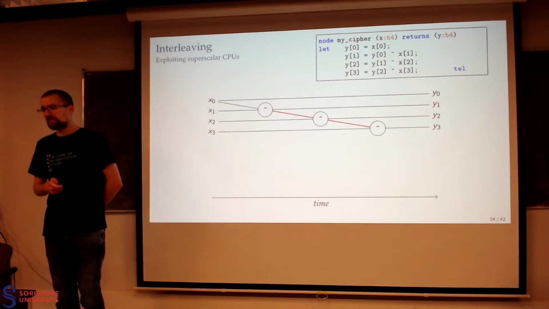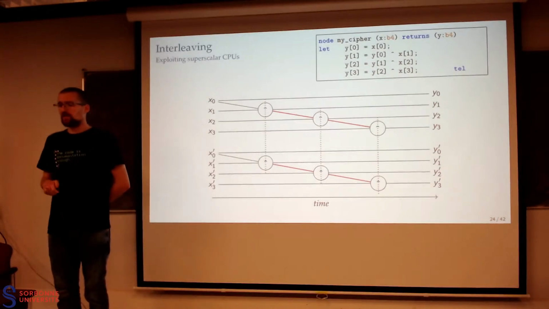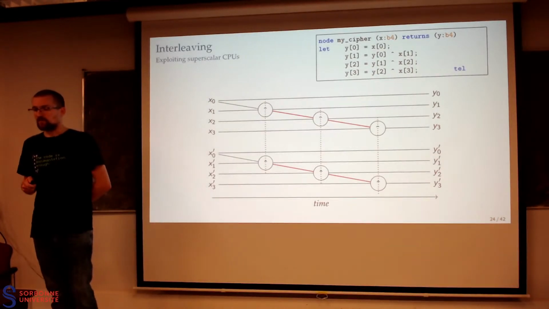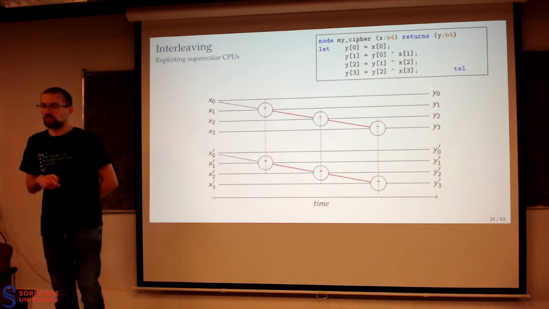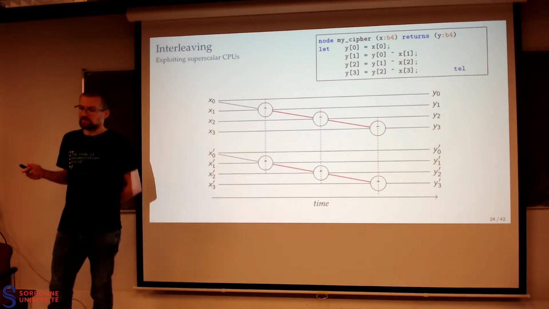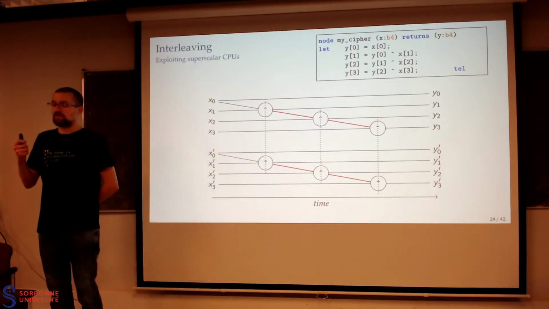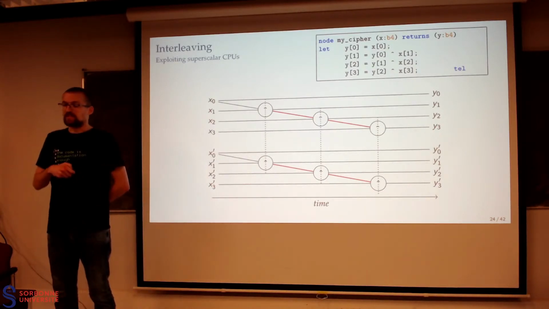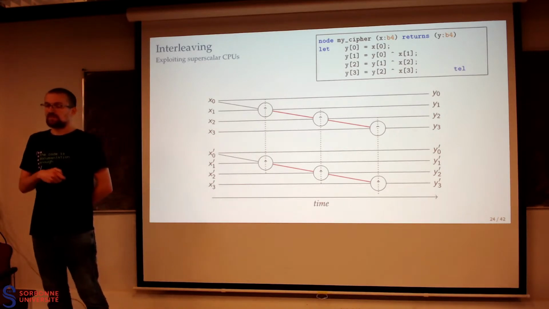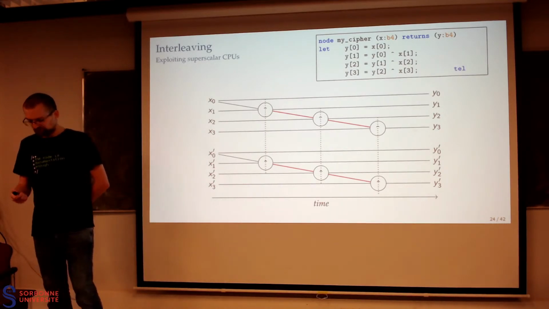So in that case, what we do is that we interleave a second instance of the cipher with its own inputs and its own variables, with no dependency with that first instance, and thus that can be computed at the same time. So basically, in 3 cycles, instead of computing that node once, we can compute it twice.